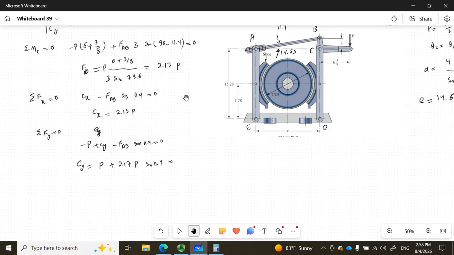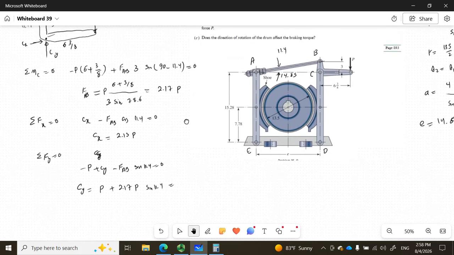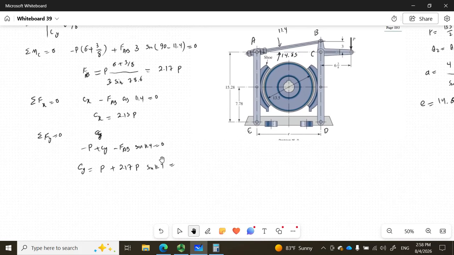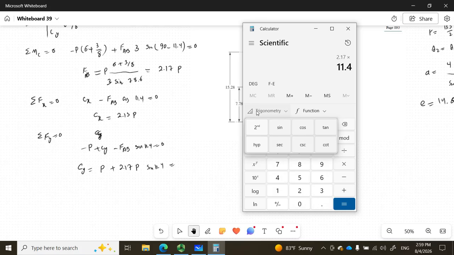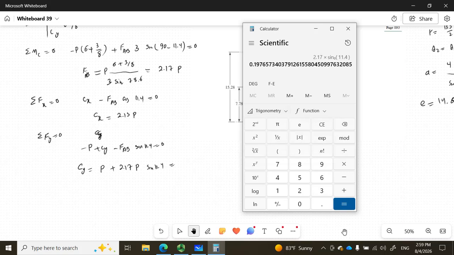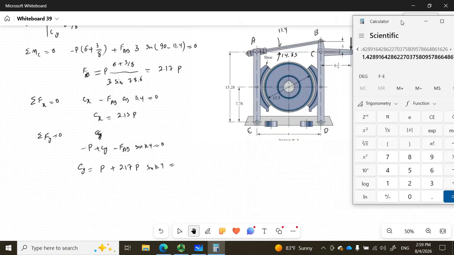Okay, let's calculate this: 2.17 times sine of 11.4 plus 1, which is 1.43.